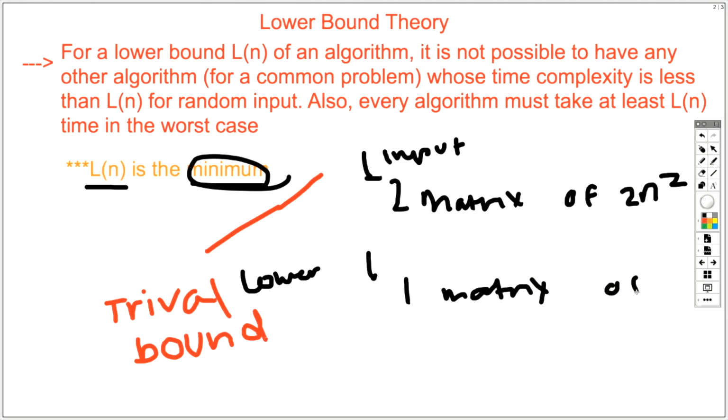That happens by n times n in order to get the output of n squared. That's my output.